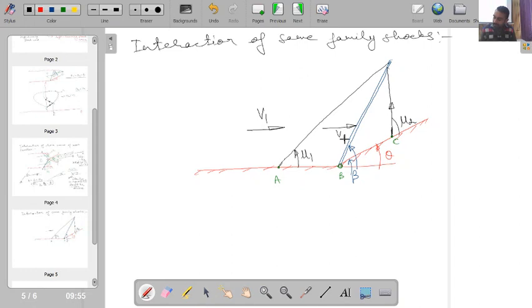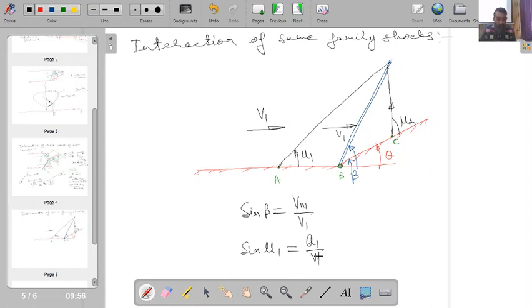So I can write sine beta equal to Vn1, the normal component of this velocity, divided by V1. And for this Mach wave I can write sine of mu1 equal to a1, the speed of sound, divided by V1, since mu is sine inverse of 1 by Mach number, and 1 by Mach number is a1 by V1.